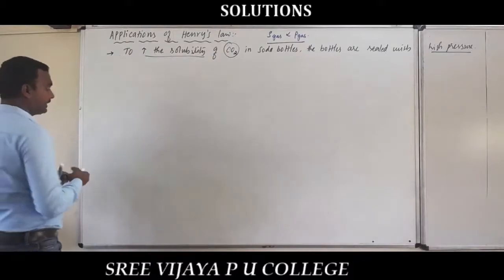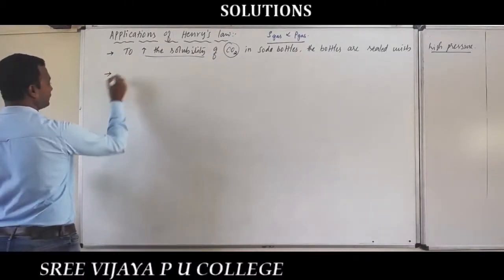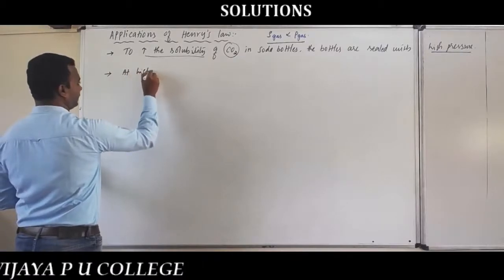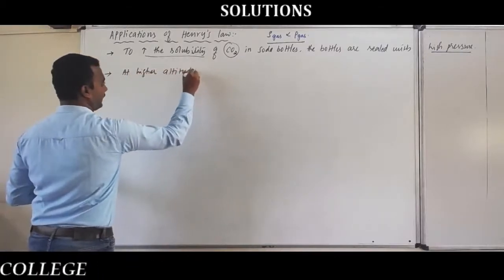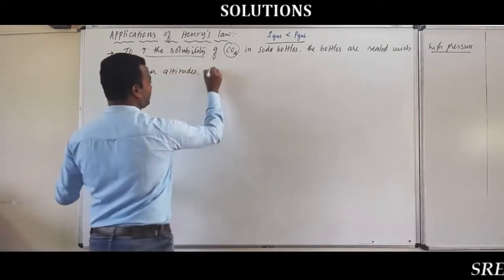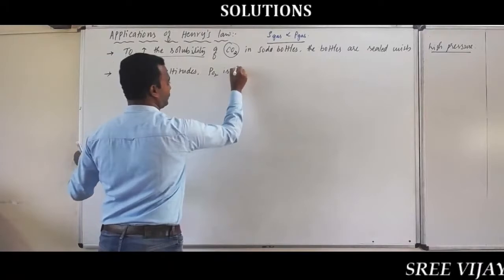Now the second application: at higher altitudes and heights, the partial pressure of oxygen is low.